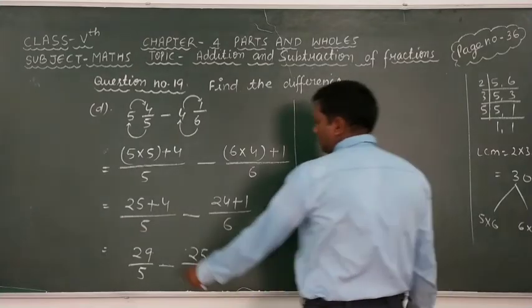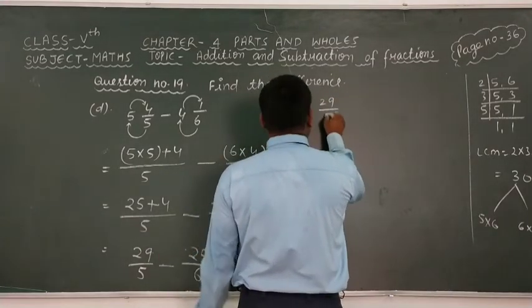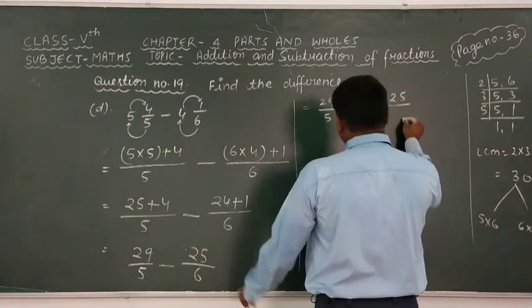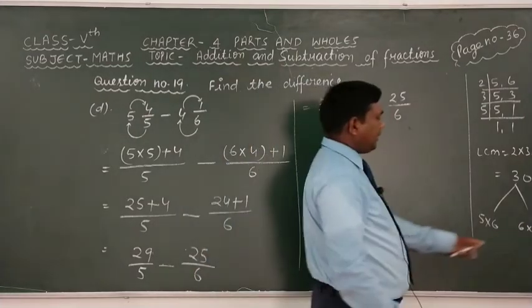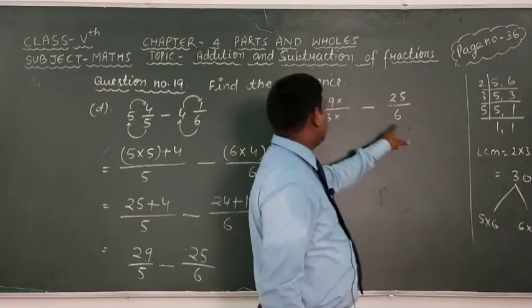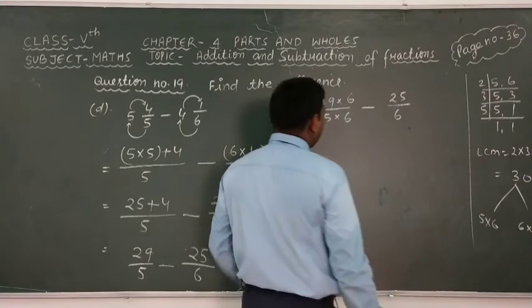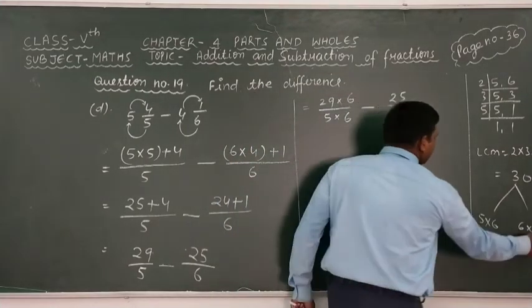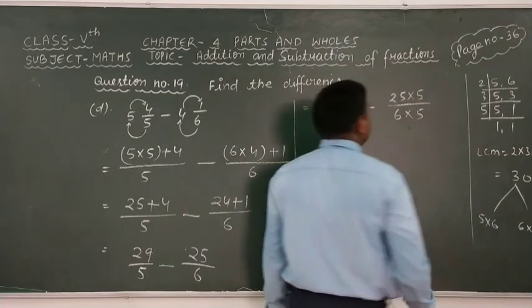Okay. Then here we get 29 by 5 minus 25 by 6. Okay, students, in this fraction we have to take the multiplication by 6 in numerator and denominator, and in this fraction we have to take the multiplication by 5 in numerator and denominator.